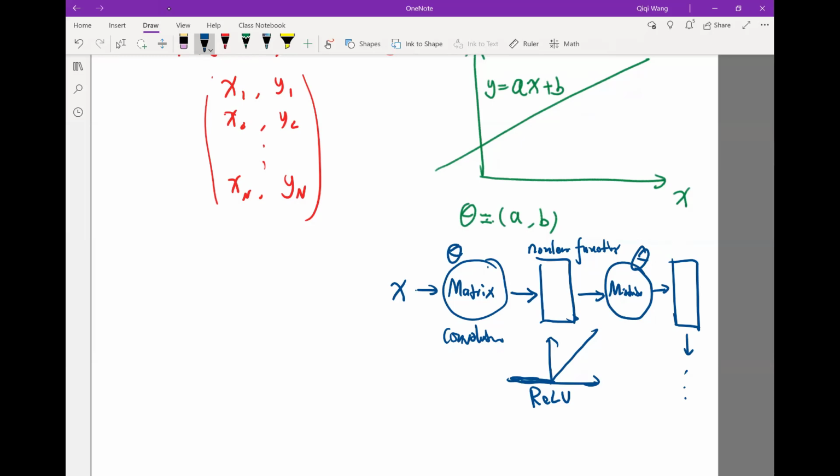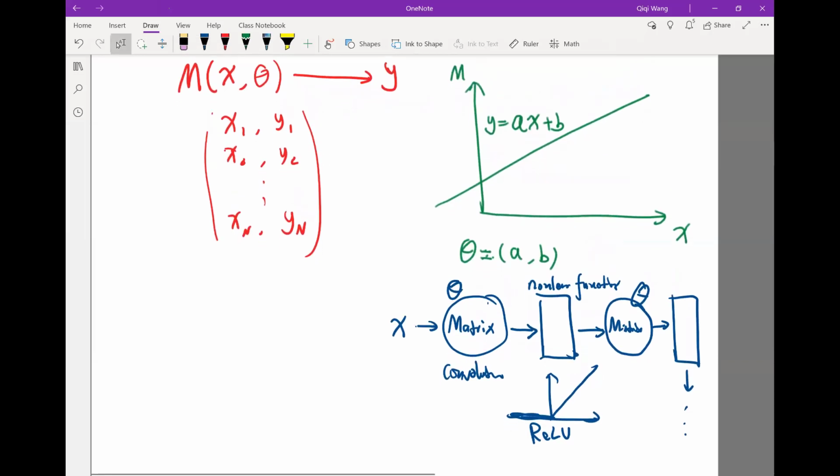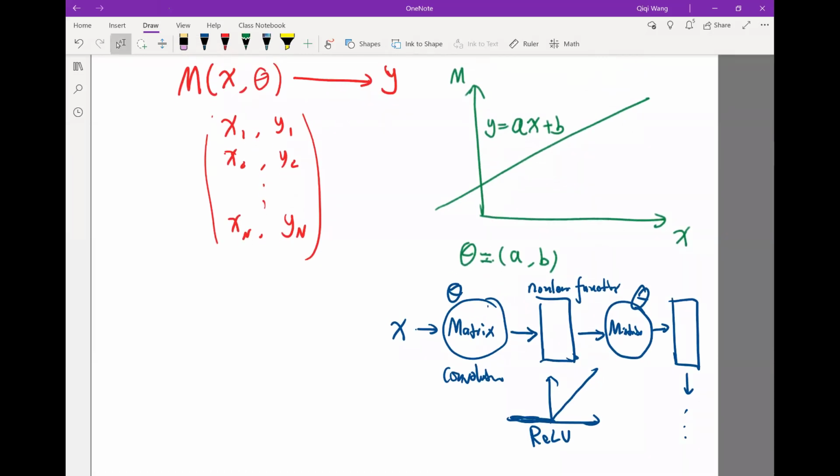All of the entries in the matrices and the parameters in the nonlinear functions of every layer come together to form the parameters of the model, theta, right? As opposed to the linear regression case, where if I have an n-dimensional input, I have n+1 parameters, in the deep neural network case, the number of parameters can potentially be a lot more.